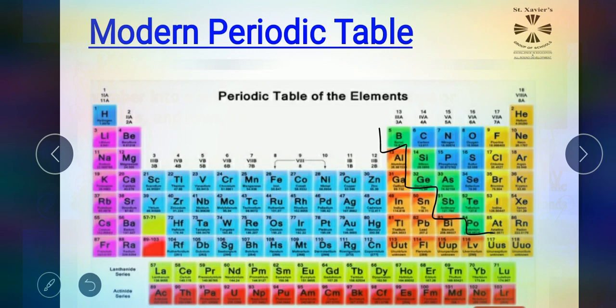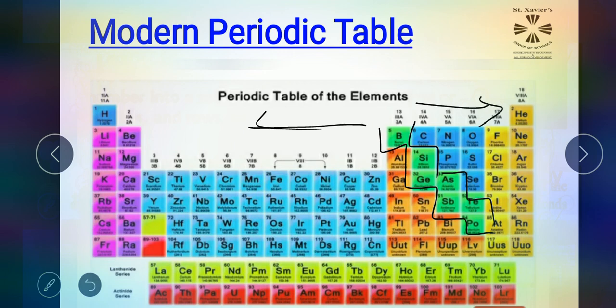Taking this zigzag line as a reference, on the right hand side we have non-metals, whereas on the left hand side we have metals.